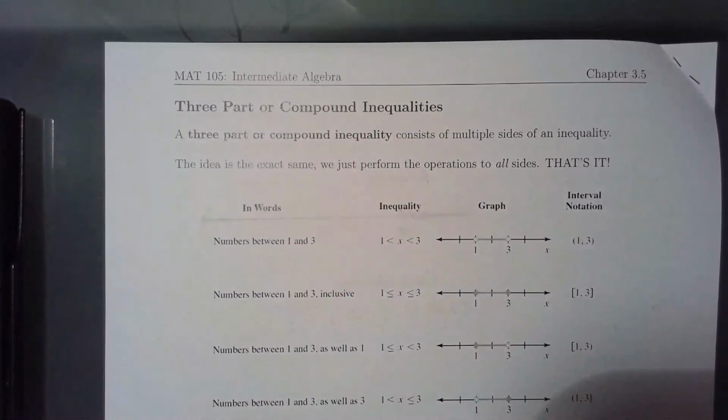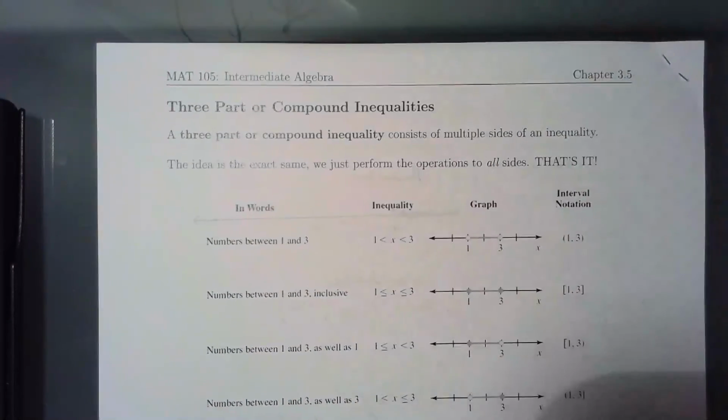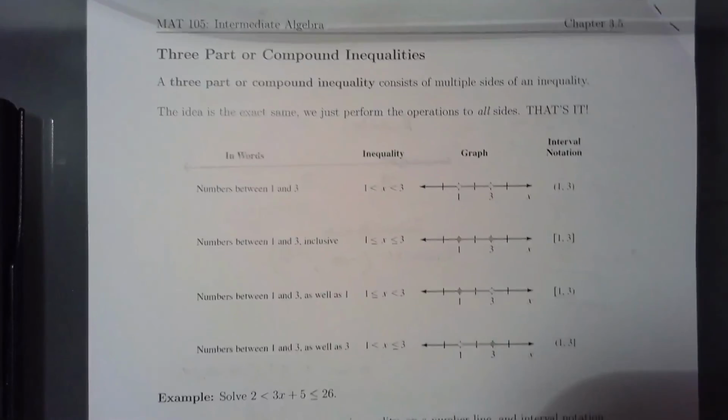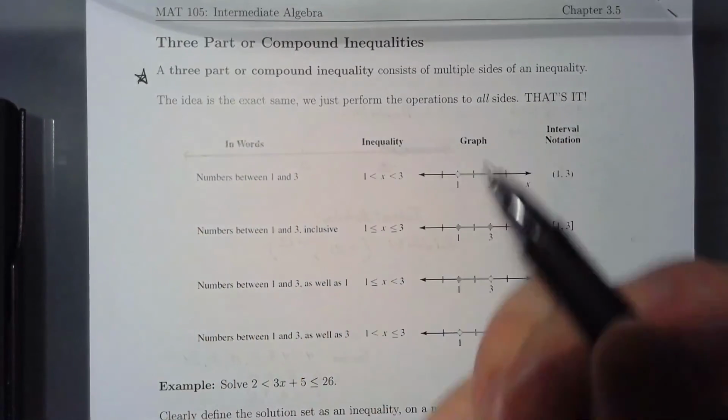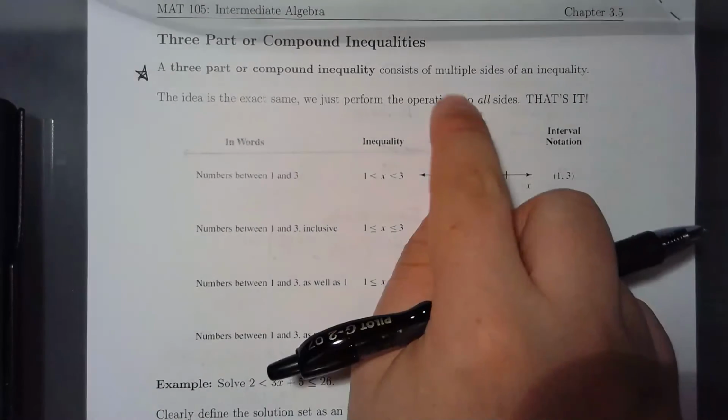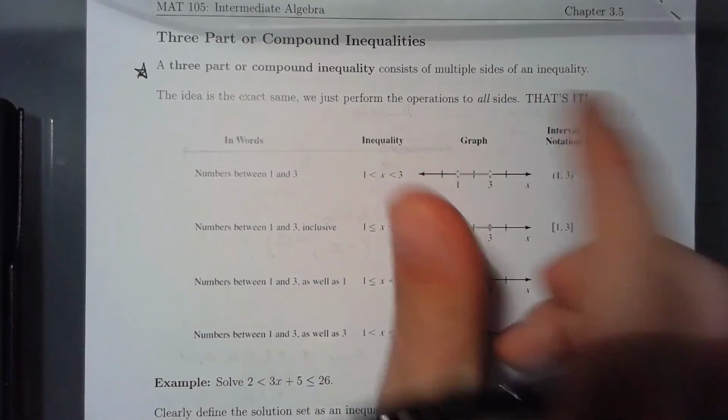So there's only one more thing left to talk about in this section. This is a pretty quick section. It's just solving linear inequalities. So sometimes you can have what's called a 3-part or compound inequality, which means you have 3 sides of an inequality.